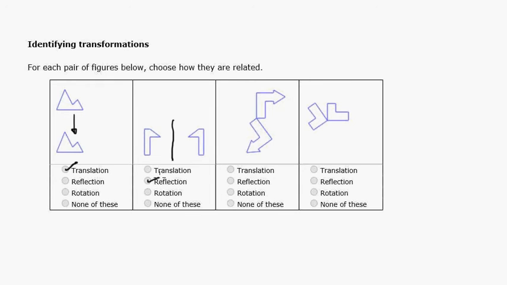And this one has been rotated, either this way or around that way, but it's easier to see it this way. So that would be a rotation, and I think this would be a rotation too, all the way around like that. I would call that a rotation.